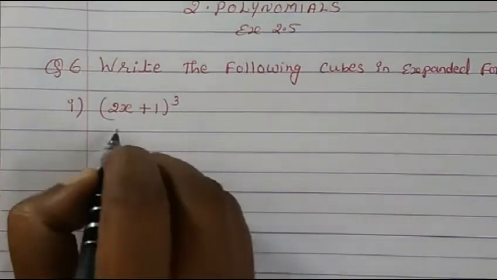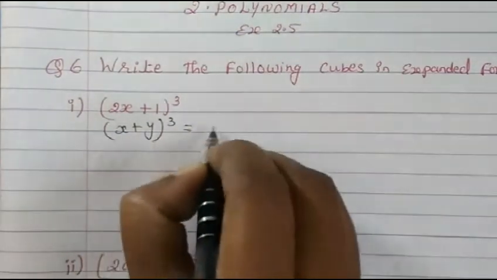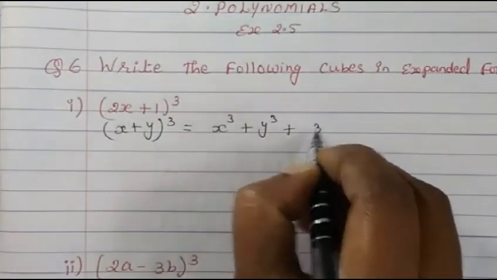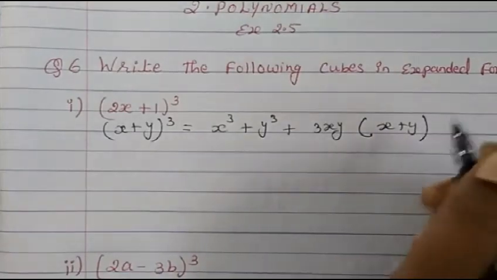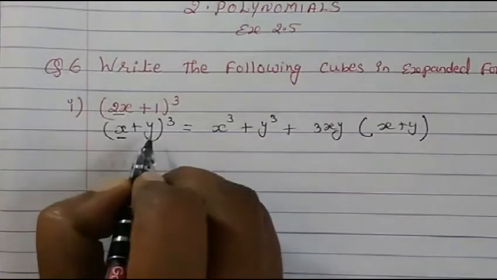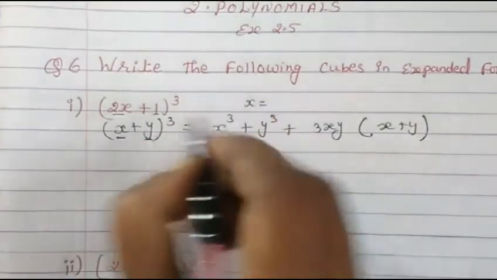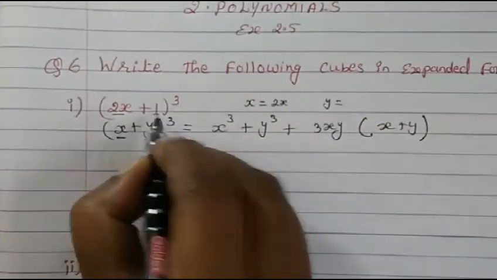So x plus y whole cube is equal to x cube plus y cube plus 3xy in bracket x plus y. So now wherever x is there, we have to write this value, and wherever y is there, we have to write this value. That means our x value is 2x and y value is 1.